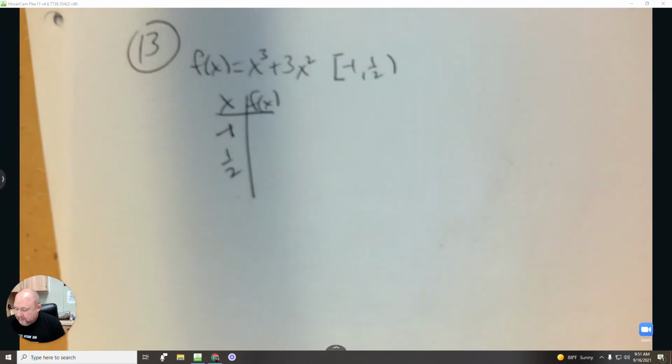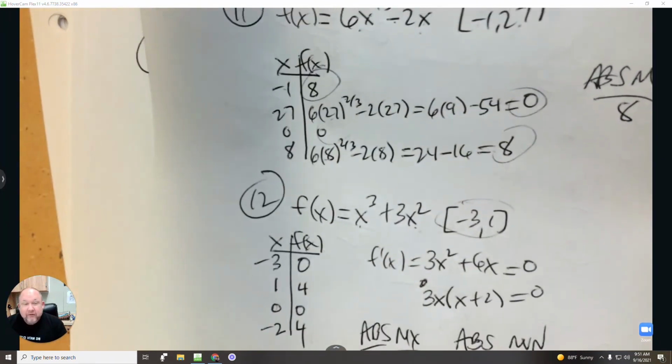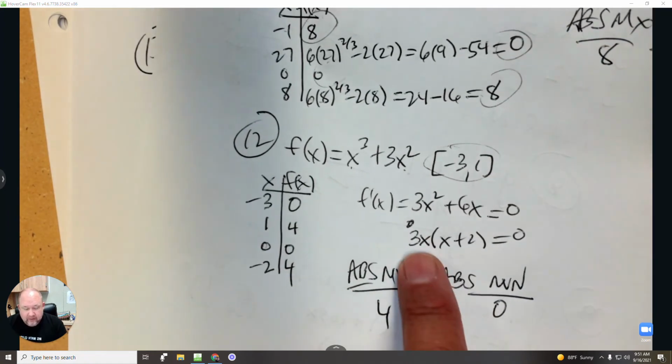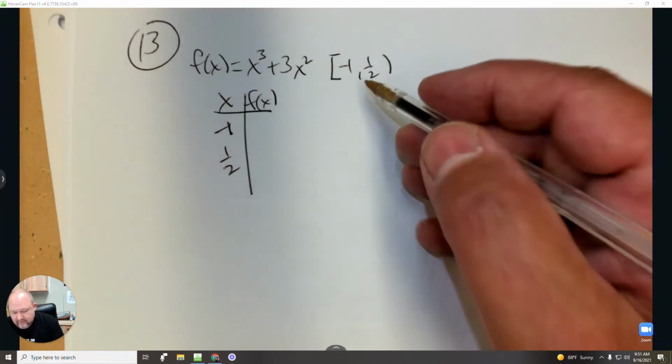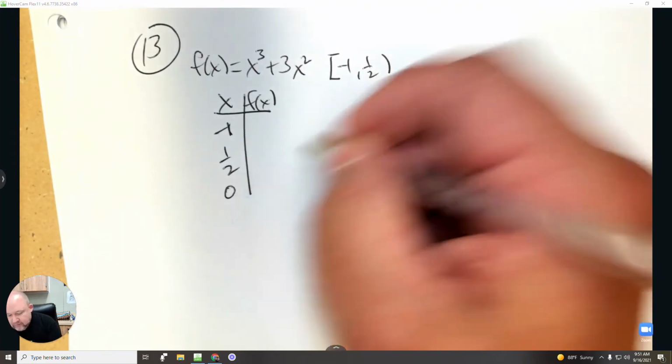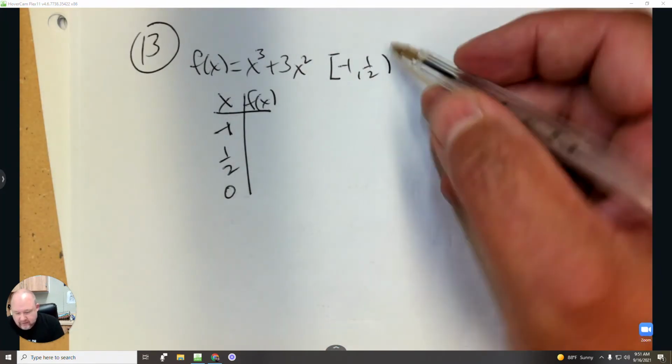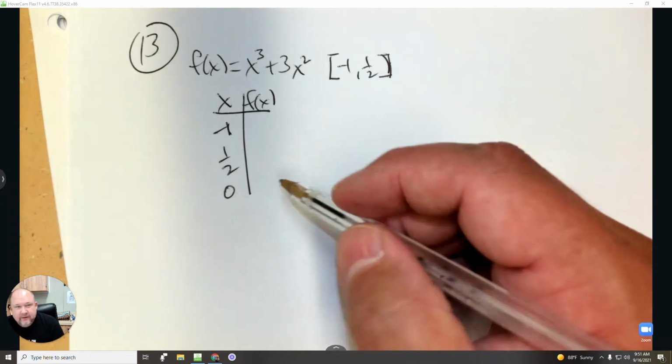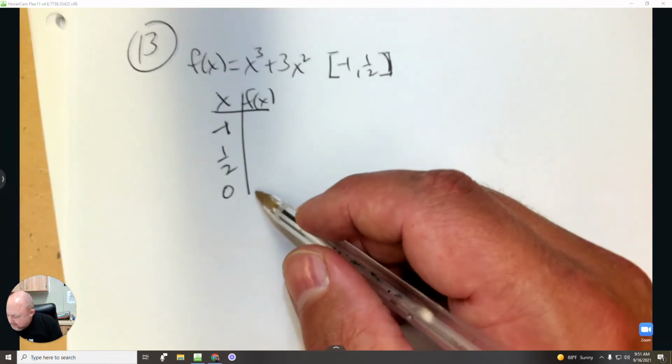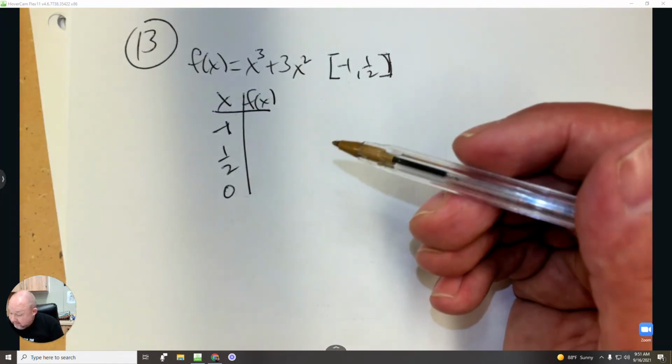But the critical numbers I found before, I have to make sure they're in my interval. So 0 and negative 2. In this situation, I'm only going to use 0 because negative 2 is not in my interval. Well, I hadn't done negative 1.